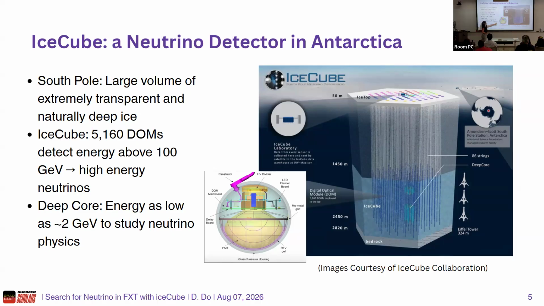These are photomultiplier tubes that can not only detect the light that we discussed, but also filter or send the data back for processing and analyzing. And we also have the IceCube Lab up here.